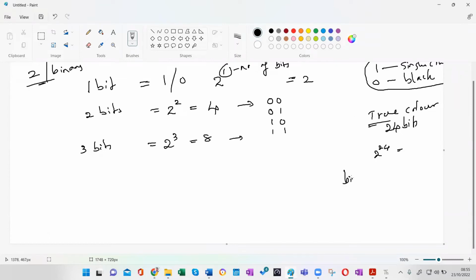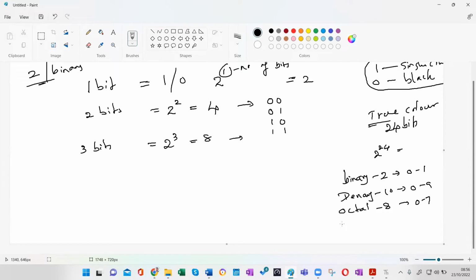If binary has 2, which is 0 to 1, and denary has 10, which is 0 to 9, what about octal? Octal means 8. It's going to have 8 numbers, that is 0 to 7. It's always 1 less than the base.